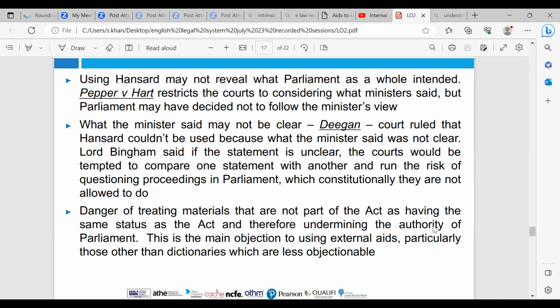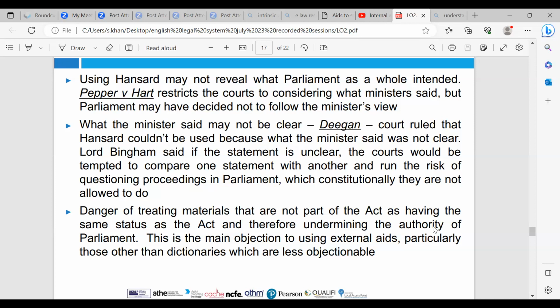What the minister said may not be clear, as in the case of Deegan. The court ruled that Hansard couldn't be used because what the minister said was not clear. Lord Bingham said if the statement is unclear, the courts would be tempted to compare one statement with another and run the risk of questioning proceedings in Parliament, which constitutionally they are not allowed to do.